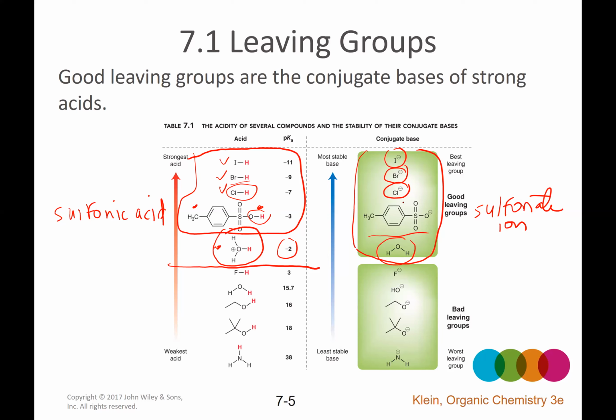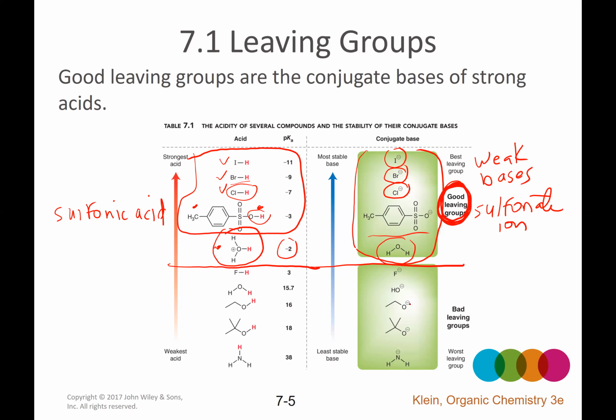So the conjugate bases of strong acids are weak bases, right? So all of these are weak bases because they're the conjugate bases of strong acids, and that makes them really good leaving groups. And a good leaving group is a weak base, right? Everything below this line is the conjugate base of not a strong acid, a weak acid.